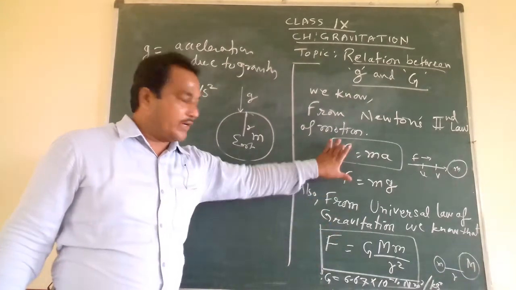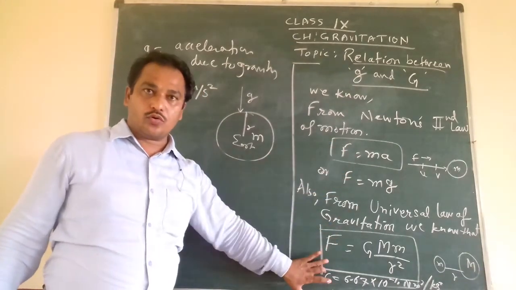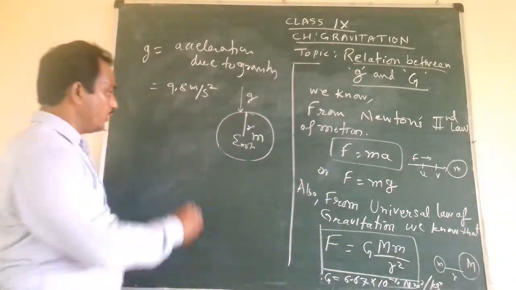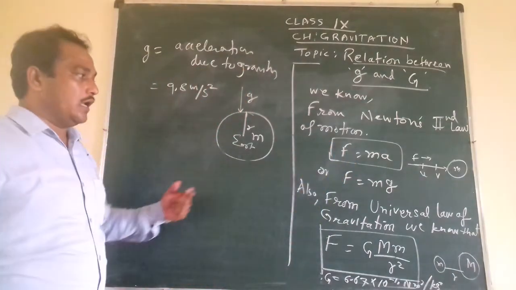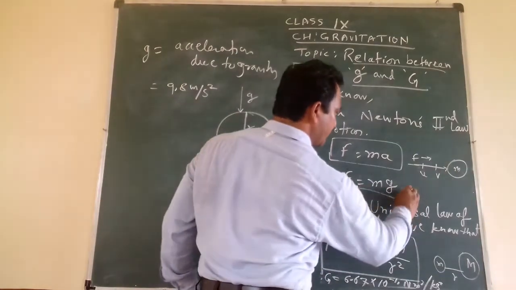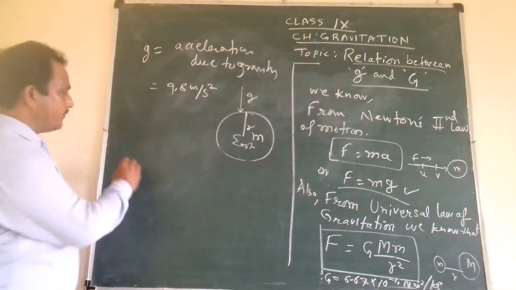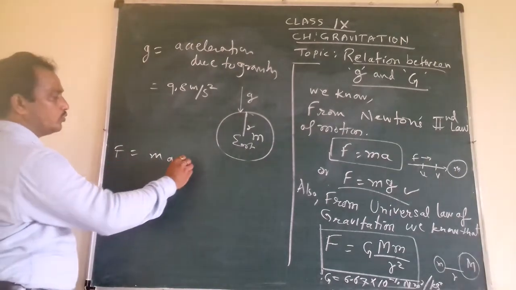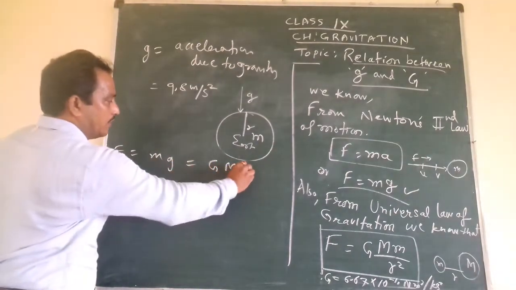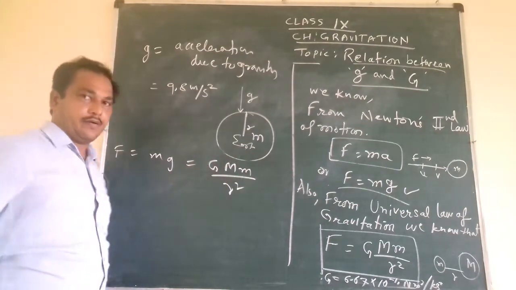As both relations tell about force, we will equate them. So equating, F is equal to mg, as we will use small g, and F is also equal to capital G M m upon r square.